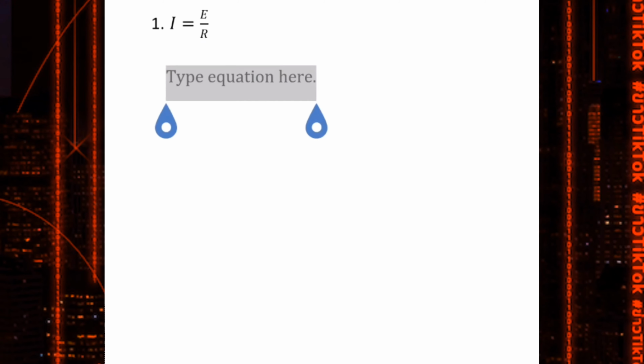Next, I will show you how to manipulate the Ohm's law formula. When you have to calculate the current, use the base formula, I is equal to E over R. But if you have to calculate the voltage, just use the first formula, I is equal to E over R. Just multiply the resistance R to the current I, then you will have E is equal to I times R, or V is equal to I times R. If you have to calculate the resistance, use again the first formula.